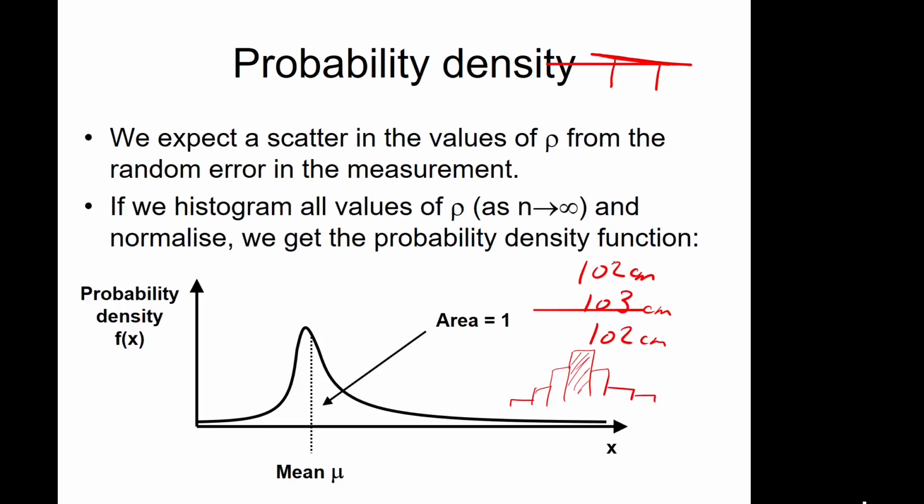So we can essentially plot up all these different measurements and we get a plot that looks like this. If we normalize this, by dividing by a value that gives us an area under here equal to 1, then we've got a normalized plot, and this is what's called a probability density function.